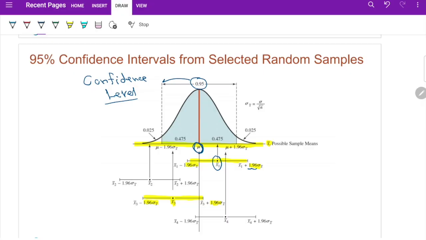If you were to take 100 different samples and you compute a 95% confidence interval for each sample, then approximately 95 out of the 100 confidence intervals will contain the true mean value.